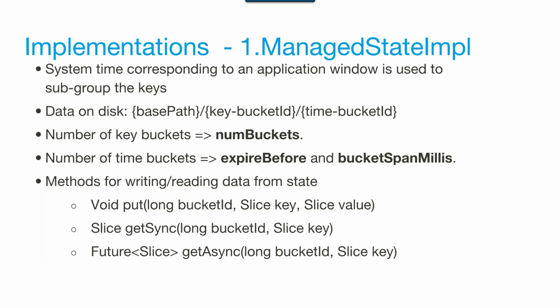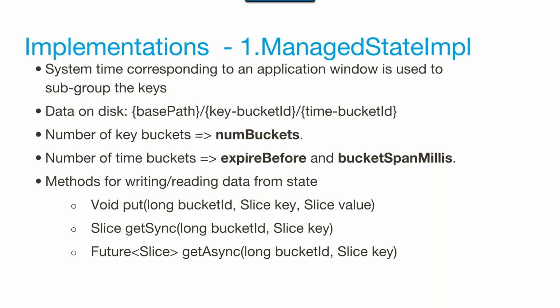Now we have different implementations of managed state. The first implementation is the managed state implementation. Here, the system time corresponding to the application window is used to sub-group the keys.